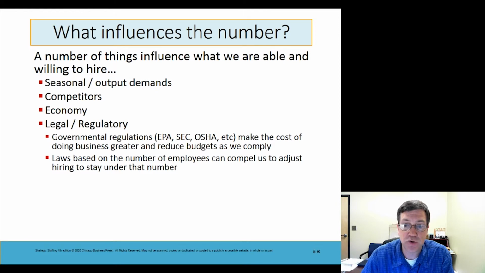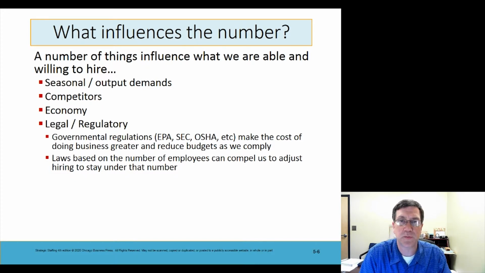Because if they introduce some piece of regulation that requires me to spend money to improve my safety or to cut down on my waste that I expel into the community, that's money that I don't have for salaries and for hourly wages. So that can have an impact.